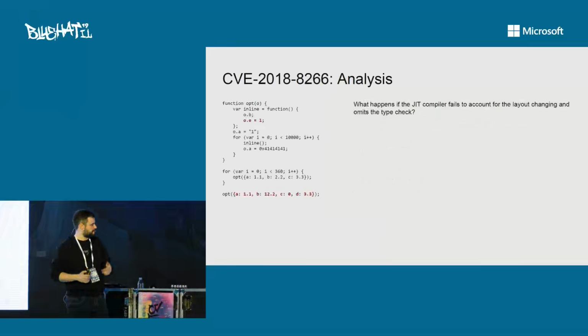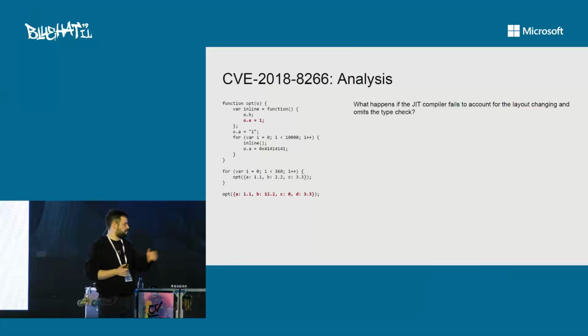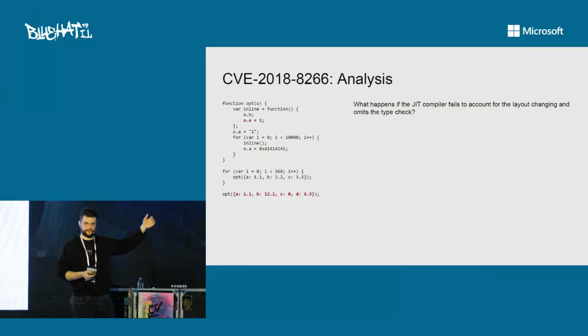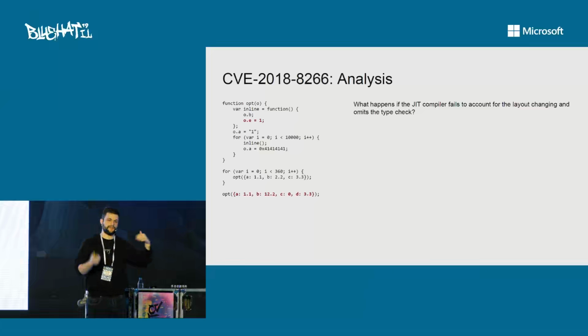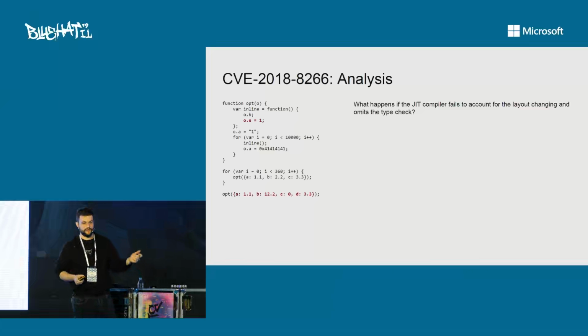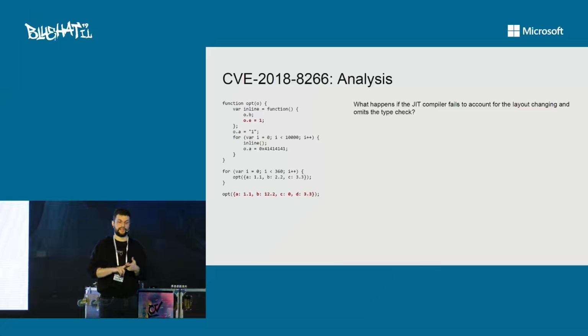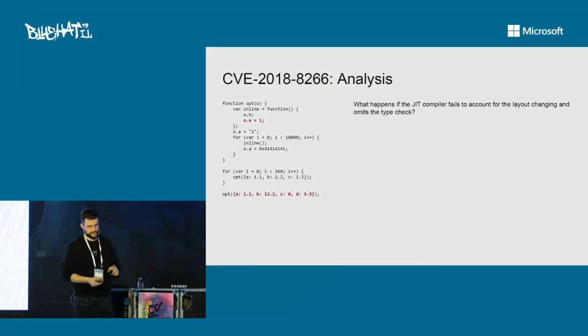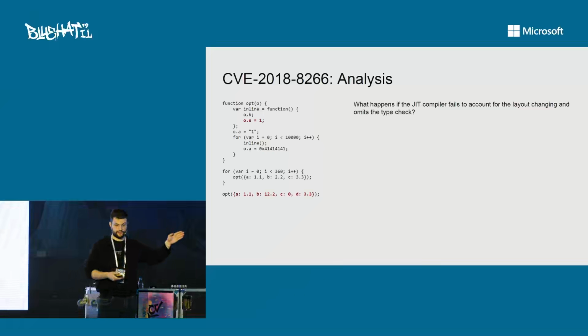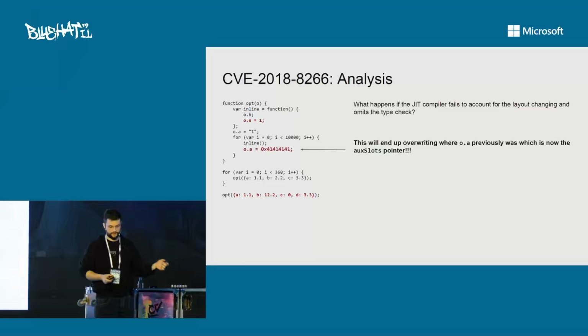So maybe you kind of guessed the problem already. Here, when I set property E on my object, which has 4 properties, which is just what we saw, that will actually change the layout. Now, what happens if the JIT compiler, for some reason, failed to say, oh, this might actually change the layout, I better redo the type check or actually account for that? What happens is that Chakra, under this particular situation, just thought, okay, this is fine, nothing is going to happen.